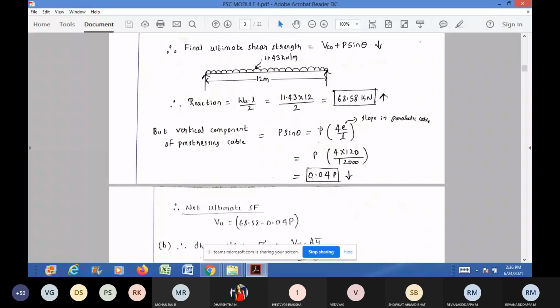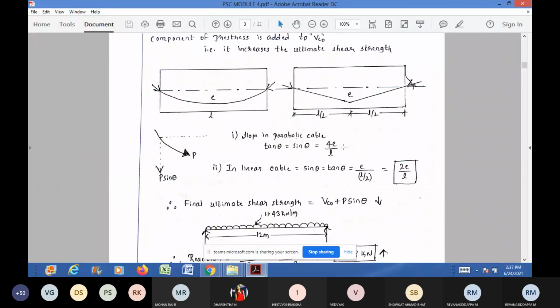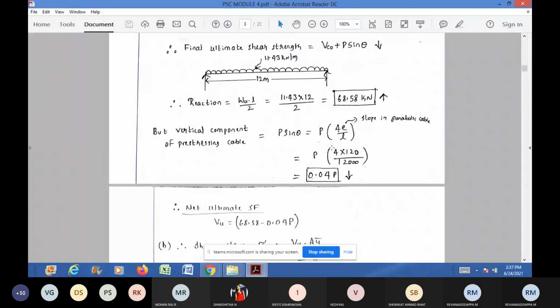That only we have to find in this problem. P into 4e by L. If it is a linear cable or a triangular cable, then the formula for sin theta is 2e by L. If it is a parabolic cable, the formula for sin theta is 4e by L. Remember.